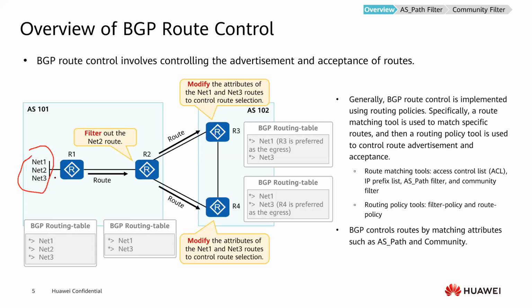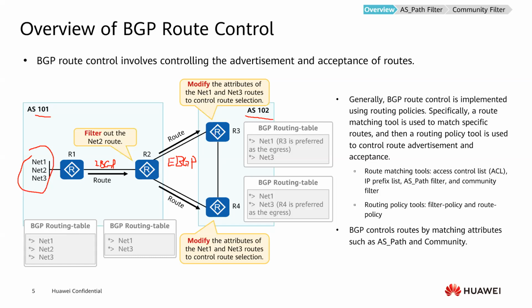R1 and R2 reside in AS101, and R3 and R4 are in AS102. R1 and R2 establish an IBGP relationship, and these two establish an eBGP relationship.